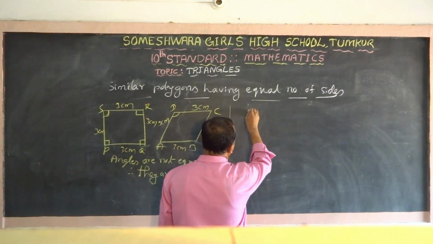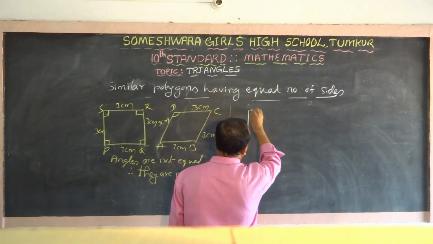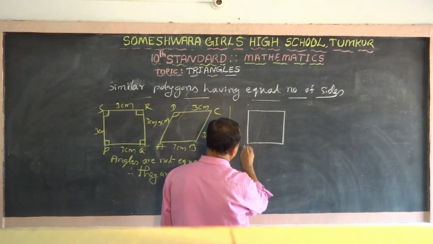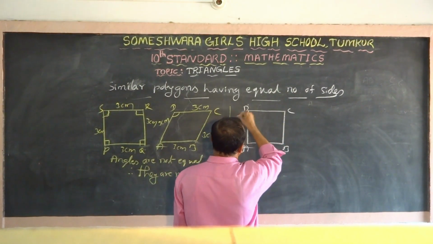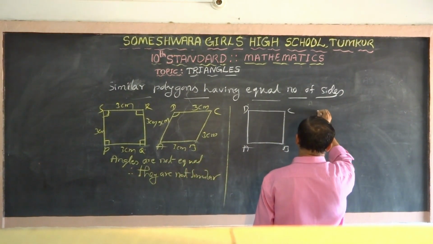Let us take this quadrilateral. This is one quadrilateral. Consider another quadrilateral like this.